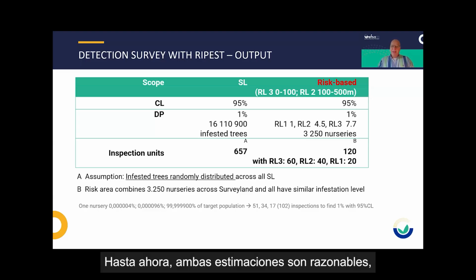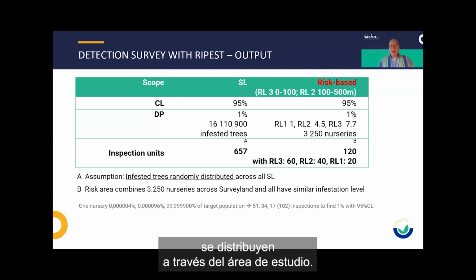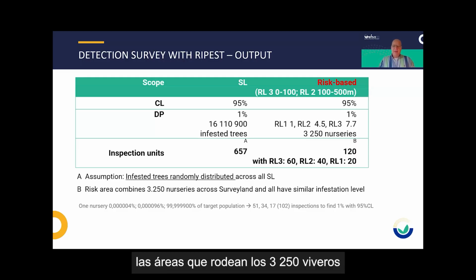So far, so good. The two estimations have some assumptions that have to be mentioned to be clear about this. One we have discussed sufficiently already. Without the risk structure, we have to consider that our infested trees should be randomly distributed across Surveyland, so not all in one point. And for the scenario with the risk included, we were combining the area of 3,250 nurseries that we estimated to be in Surveyland, and that means they all should have quite similar infestation levels.